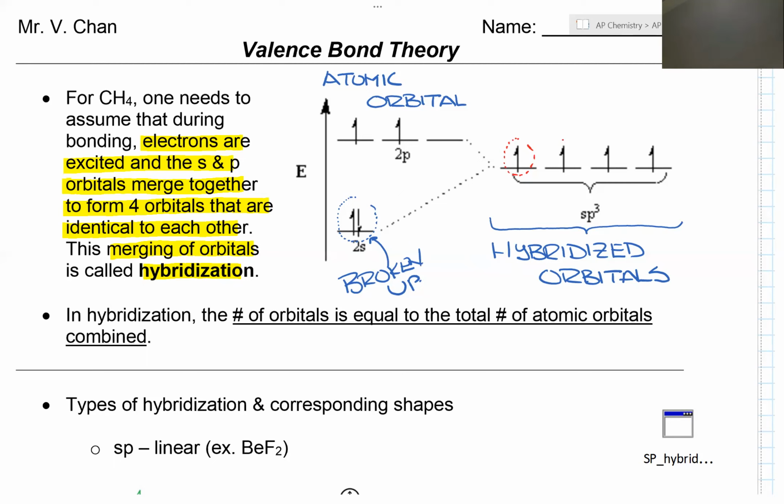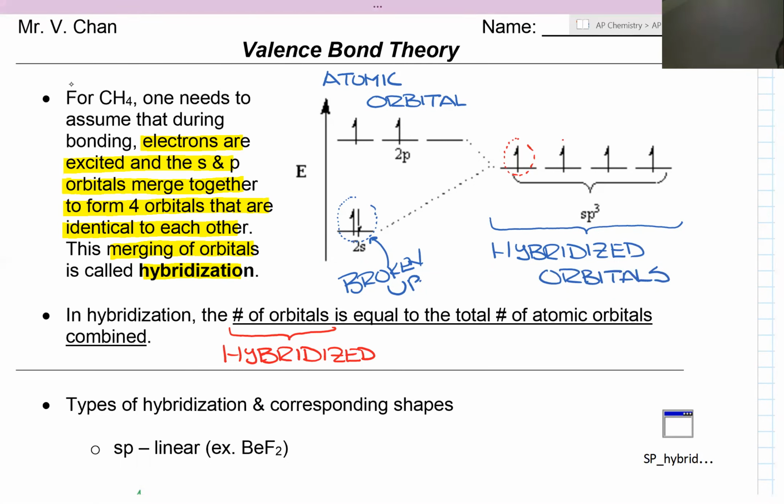Now, so that is the idea of hybridization. The one thing you need to realize is this: the number of hybridized orbitals is equal to the total number of atomic orbitals that are combined.